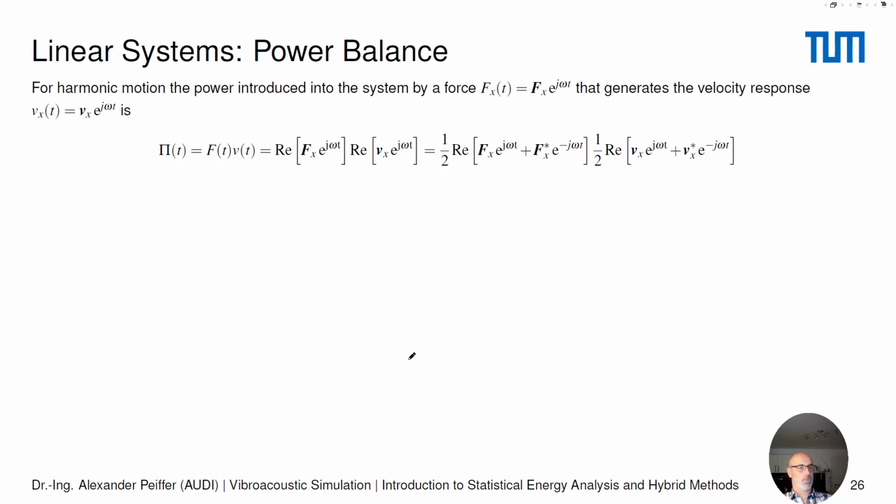So what is the power that we really introduced into our system? How can we calculate it? The power is given by the force times the velocity, and we will again use complex mathematics to calculate it. Here we really have to use the real value, because otherwise we are completely lost, and it would be very dangerous to skip the real expression in this derivation.